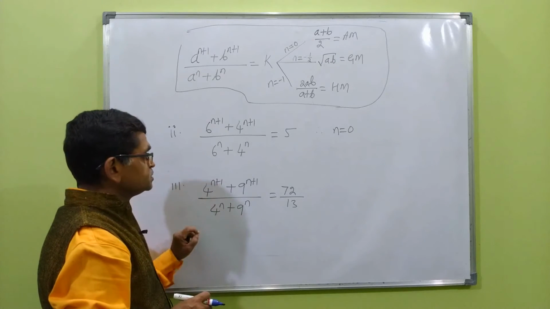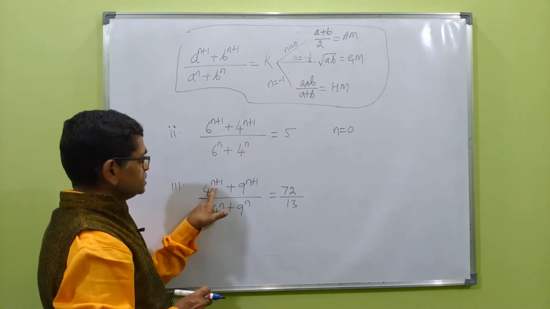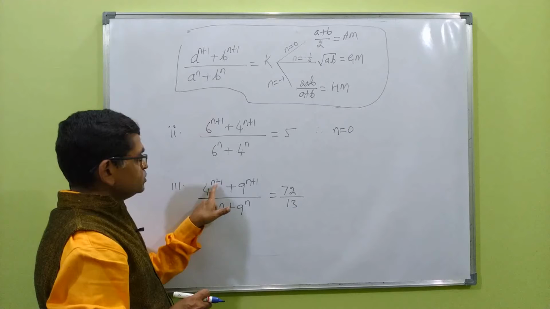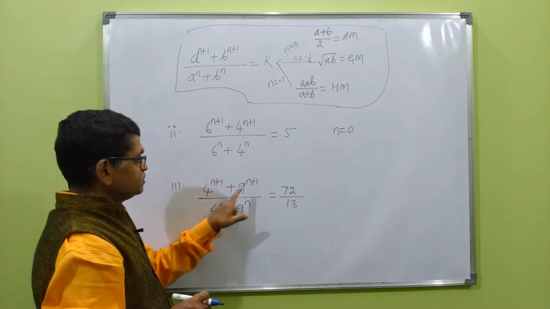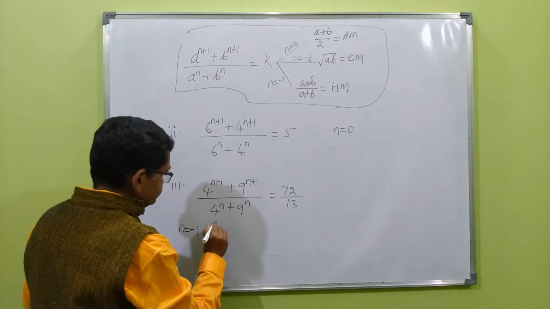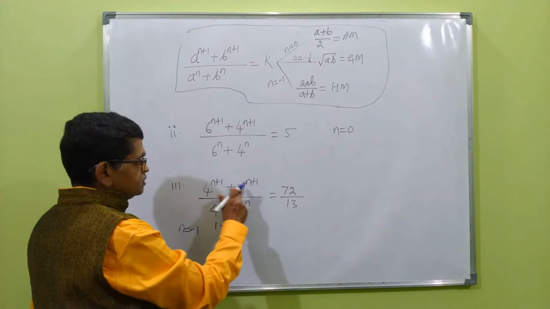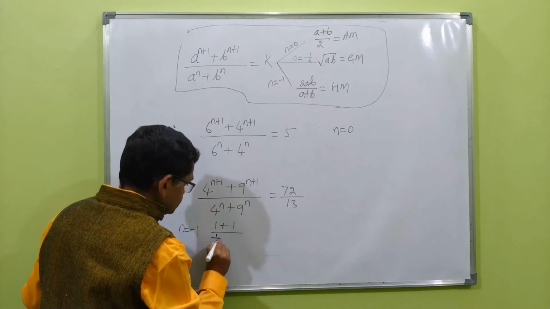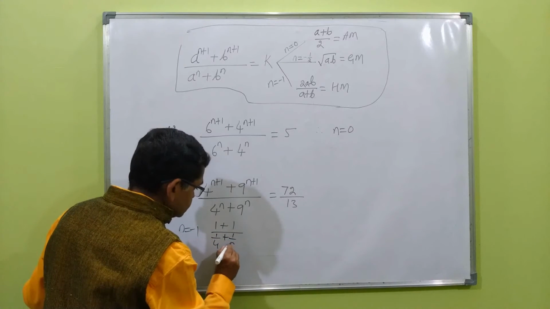If you put n is equal to minus 1, this is 1 plus 1, 4 raised to 0, 9 raised to 0, divided by 1 by 4 plus 1 by 9.